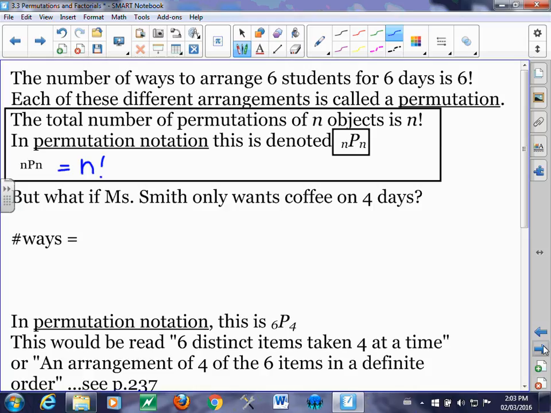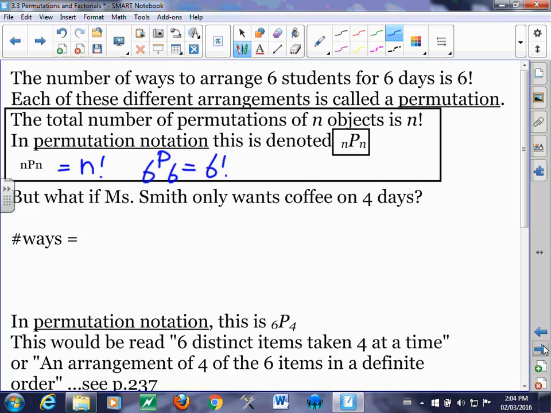For example, if we have 6 ways and we need to permute 6 different days, sorry, I put the wrong symbol down, let me try that again. So we need to permute 6 different days in 6 different ways. That equals 6 factorial.